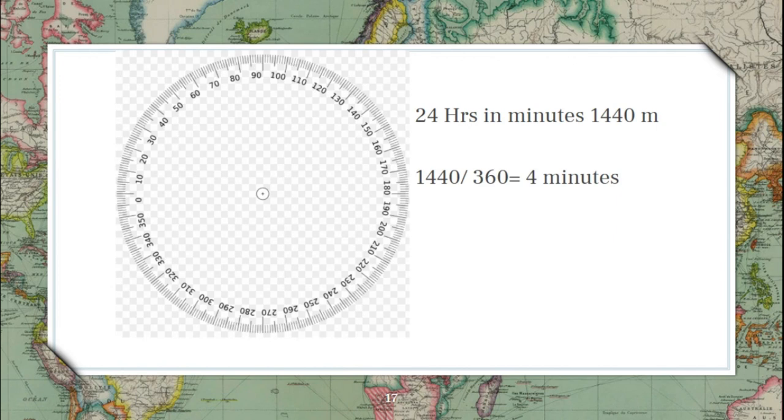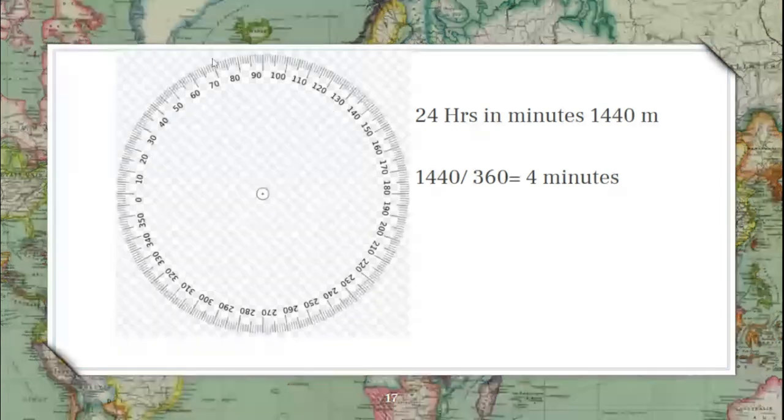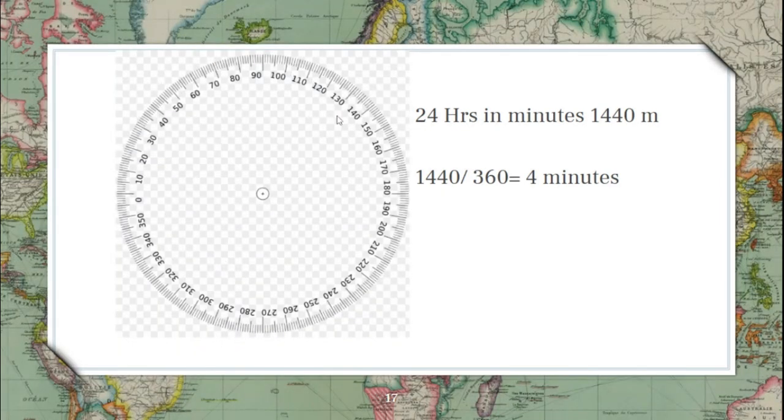As we know, we have 360 longitude lines on the globe. So dividing 1440 minutes by them, each line has a time difference of 4 minutes, which means 1 degree equals 4 minutes.